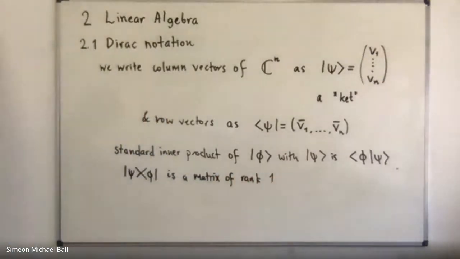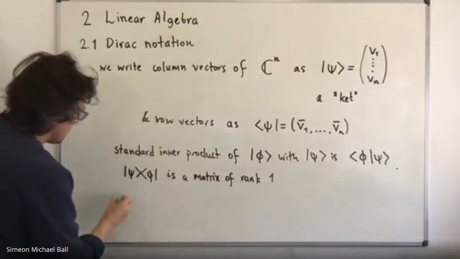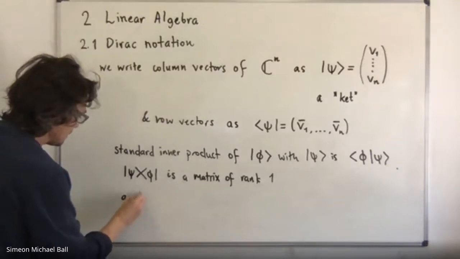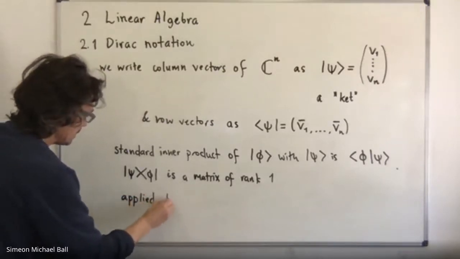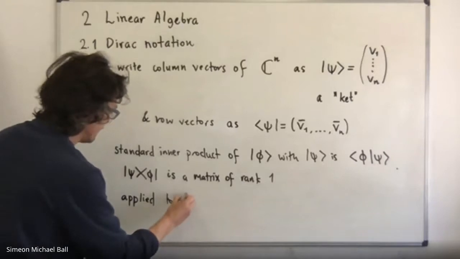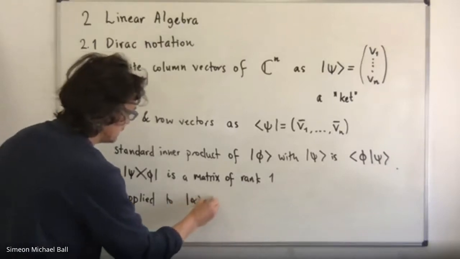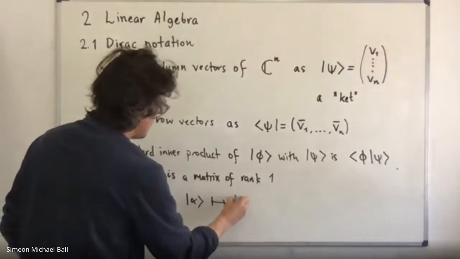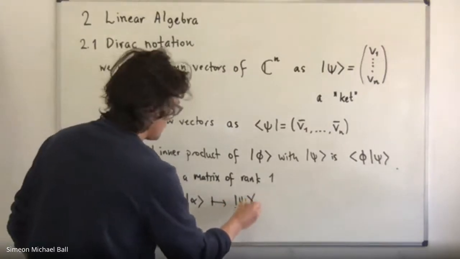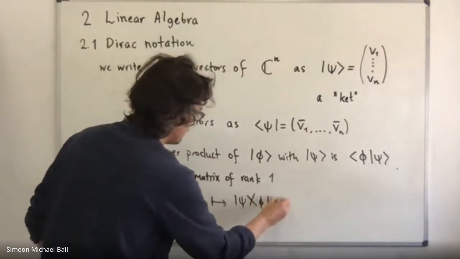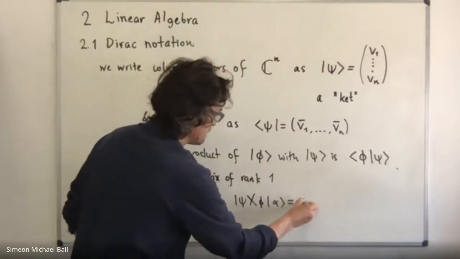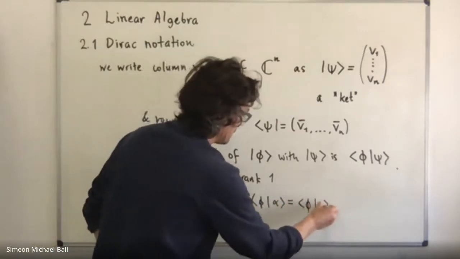If you apply this to, say, alpha, this will go to alpha, which is simply phi.